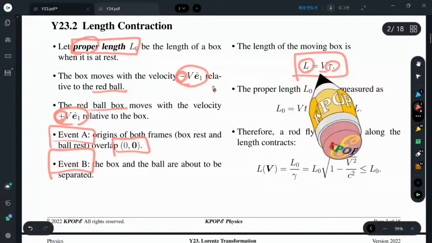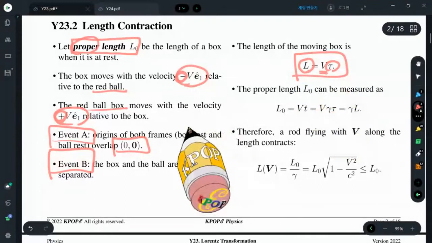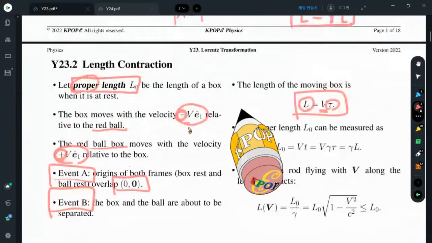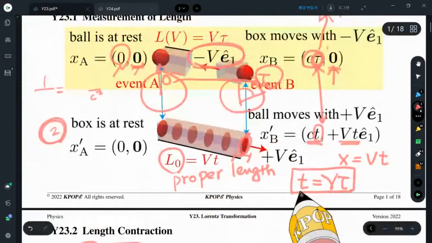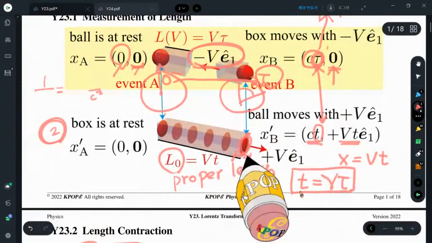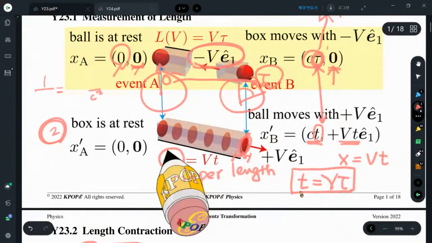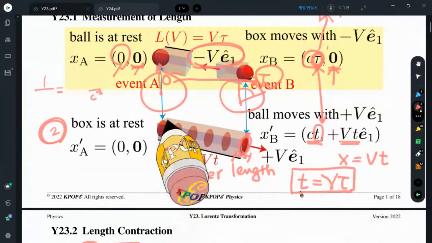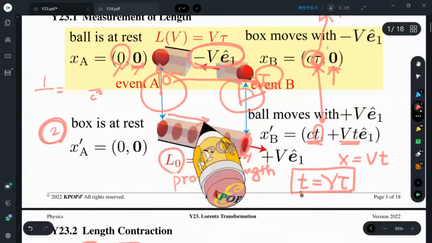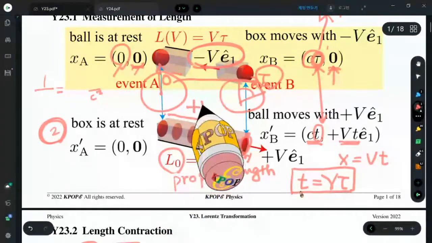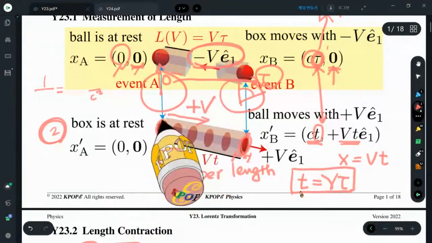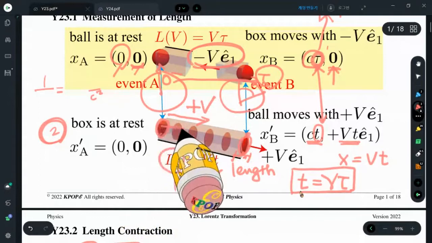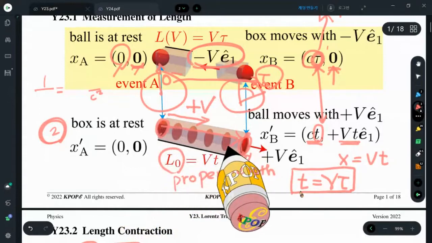Proper time multiplied by velocity. On the other hand, if I want to measure the length here in the frame where the box is at rest, what should I do? I know the ball is flying with a velocity plus v, and the position of the ball changes.